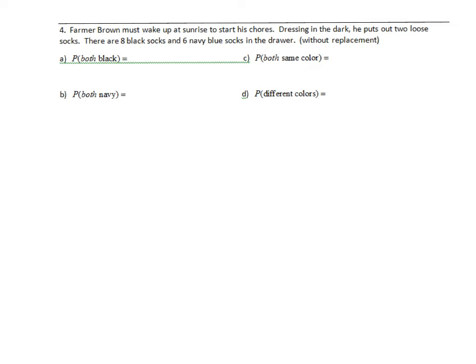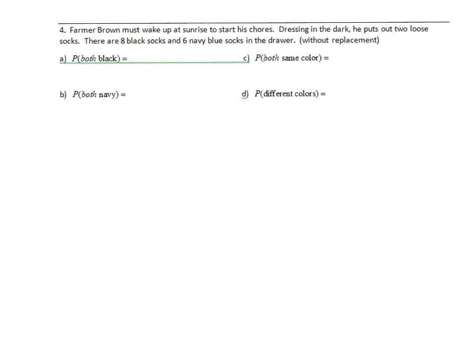All right, we're going to do number 4 on the sheet. Farmer Brown must wake up at sunrise to start his chores. Dressing in the dark, because he wakes up really early, like 5 o'clock in the morning, he puts out 2 loose socks. There are 8 black socks and 6 navy blue socks in the drawer.